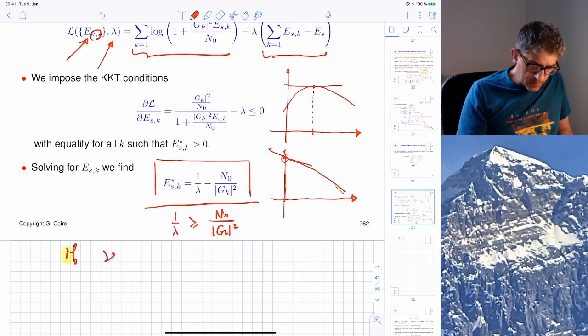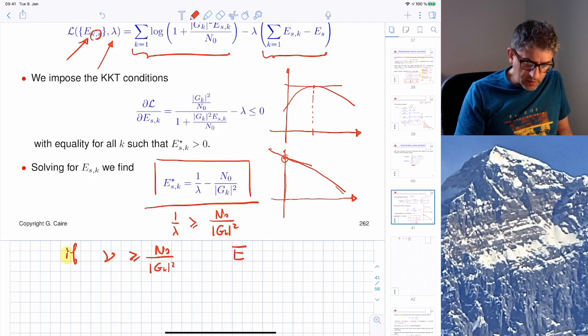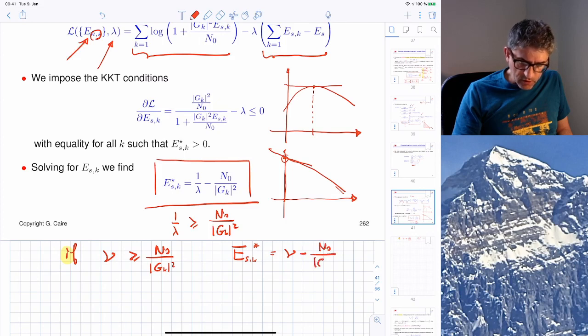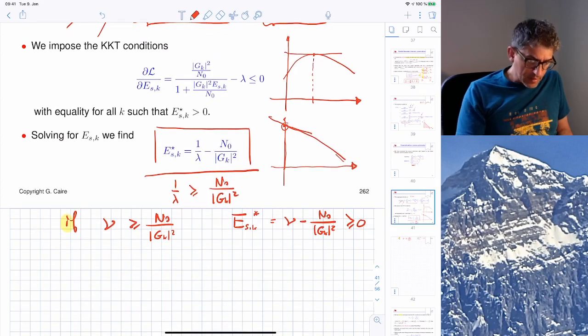If nu is greater or equal than n0 over g_k squared, then the solution is E_k star equal to nu minus n0 divided by g_k squared, and this in fact is greater or equal than 0. And so we are happy.